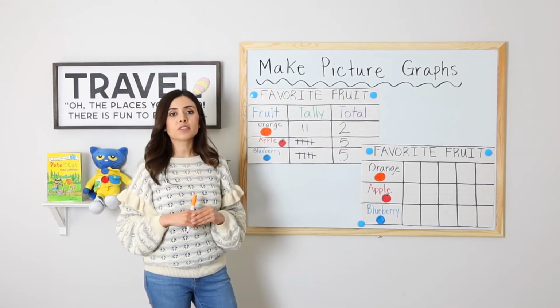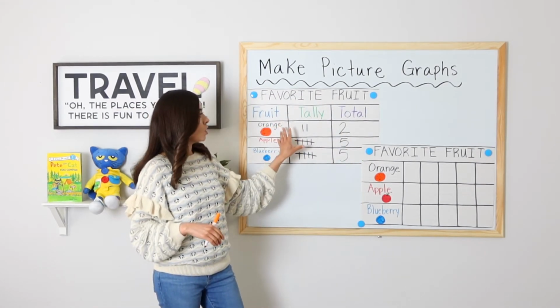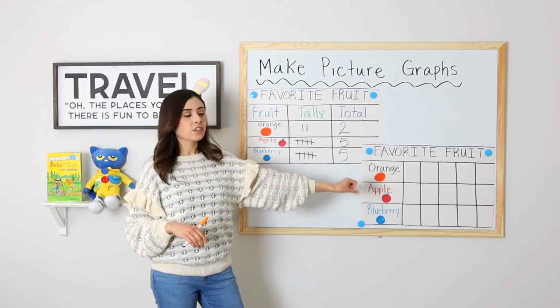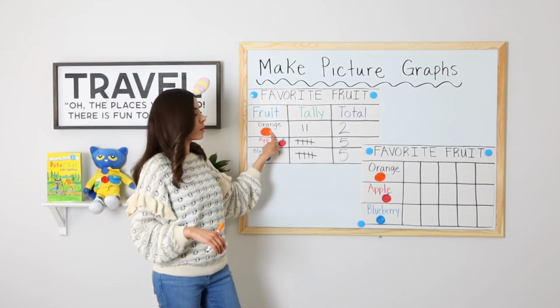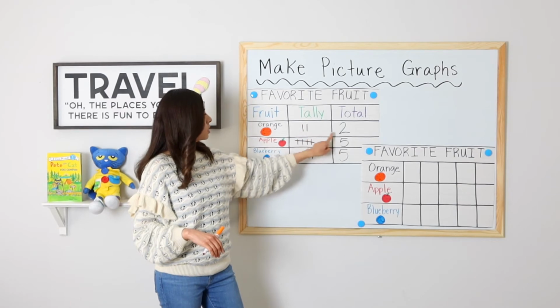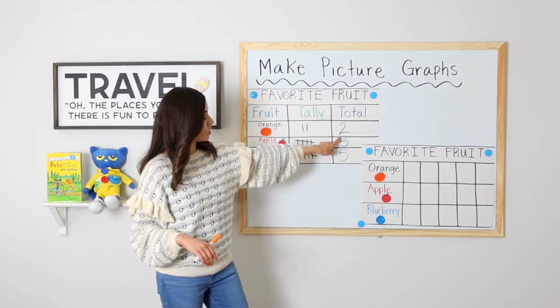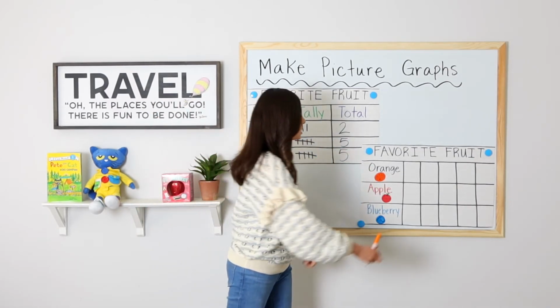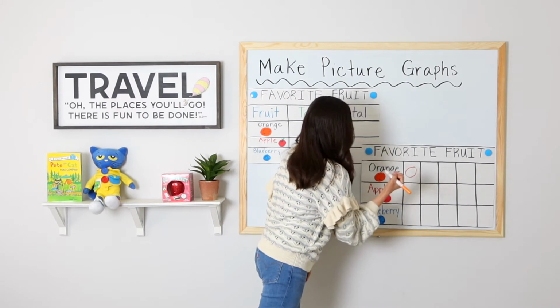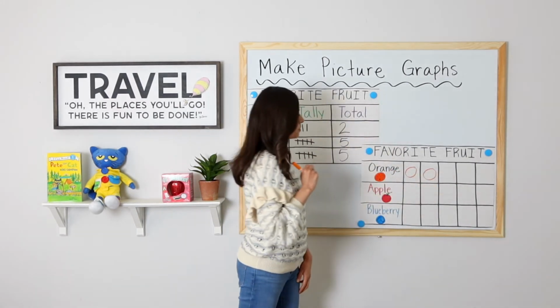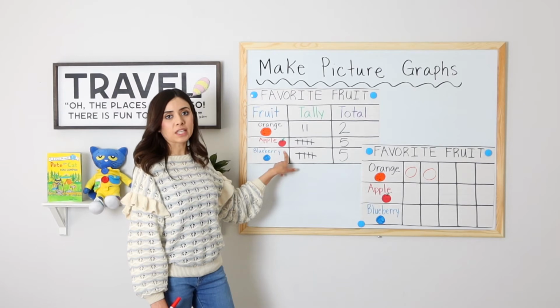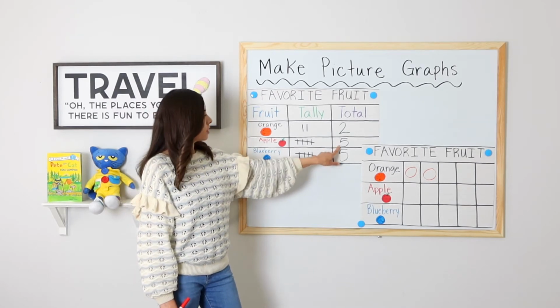Now let's go ahead and move the data in our tally chart over to our picture graph. Ready? Starting with the orange. How many students chose orange? 2. So I will go ahead and draw 2 oranges. 1, 2. How many students chose apple as their favorite fruit? 5.